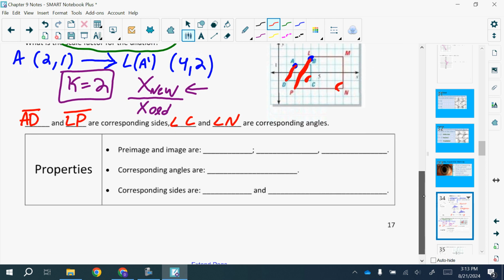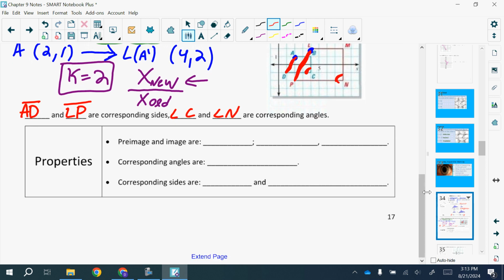Some other properties: the pre-image and image of dilations are similar. They are the same shape, but they are different sizes, which is exactly what makes it not a congruent transformation, although the corresponding angles are congruent.